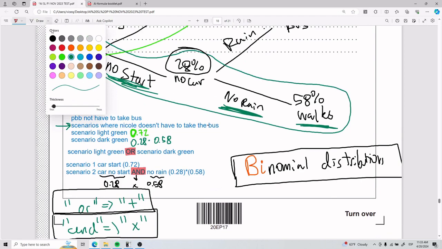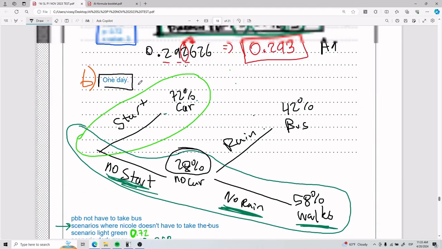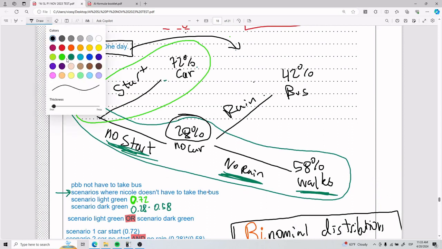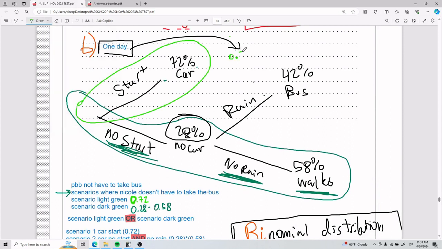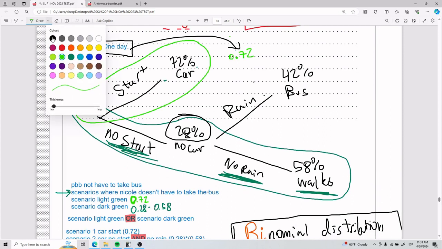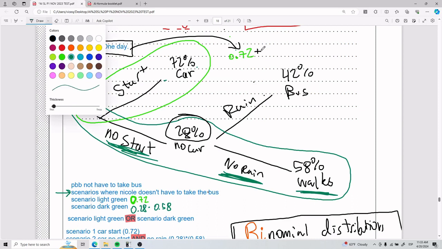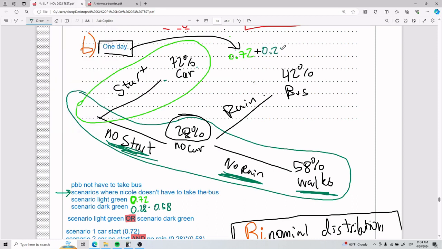So from here, your last line of math, for one day, you will have 0.72, which is your first scenario, or, these voice cracks are on a roll today, so 0.72 for your first scenario, or 0.28 times 0.58 for your second scenario.